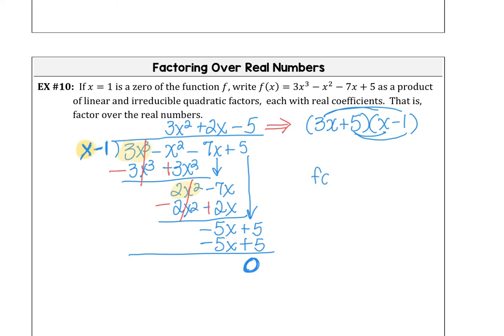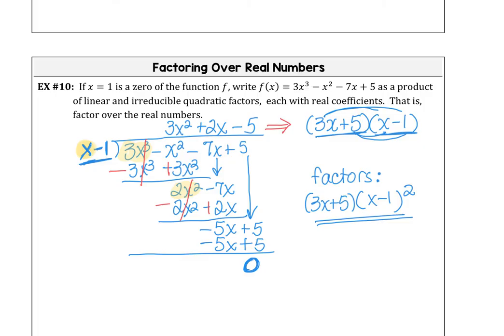So our factors are 3x plus 5, x minus 1 from this factor, and then this factor, which also divided evenly. So 3x plus 5 times the quantity x minus 1 squared. You did a great job.